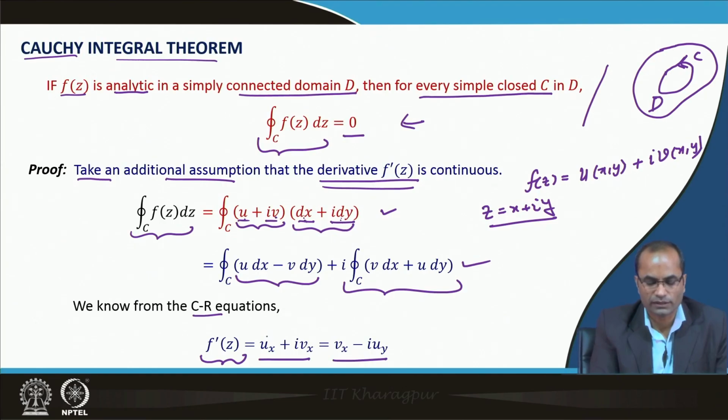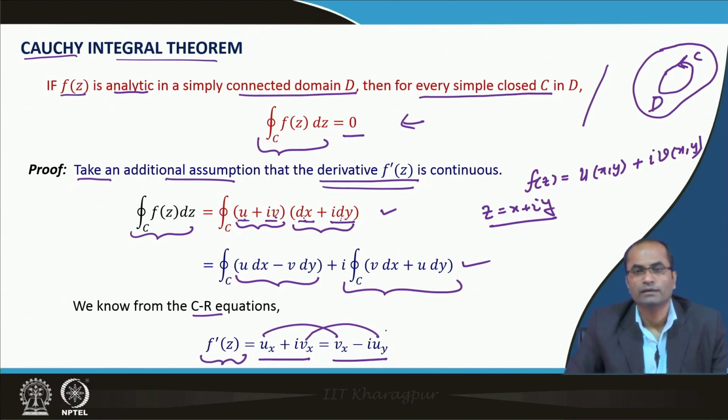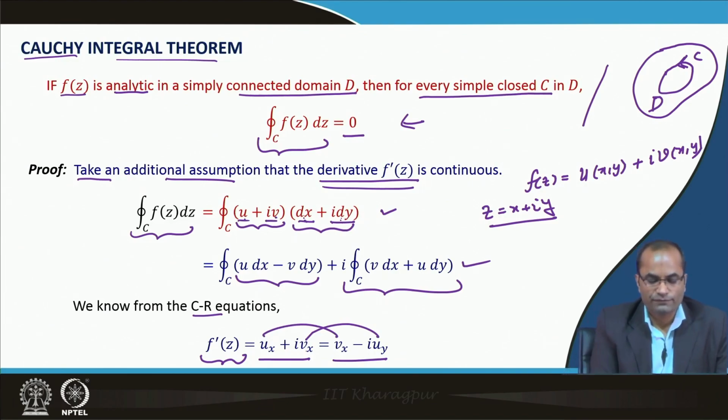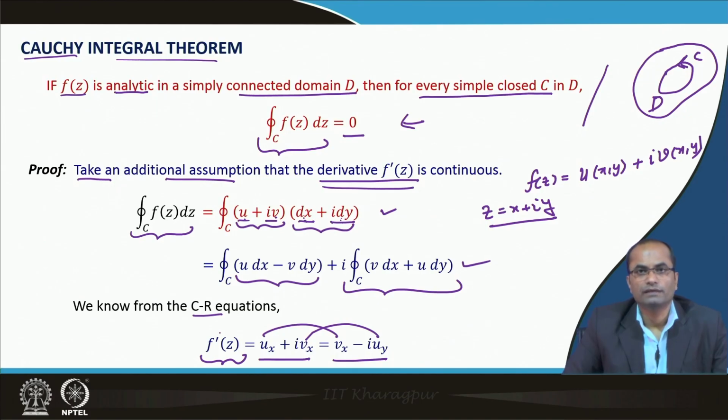One can think here, u x is v y and v x is minus u y. So, this result for f prime means that if we have u x and v x, we can actually get the derivative of f z.